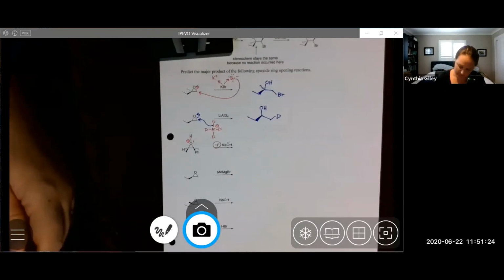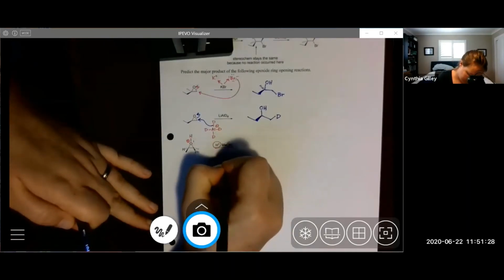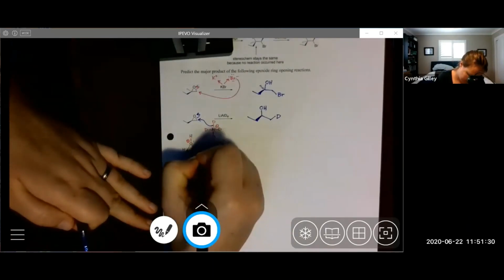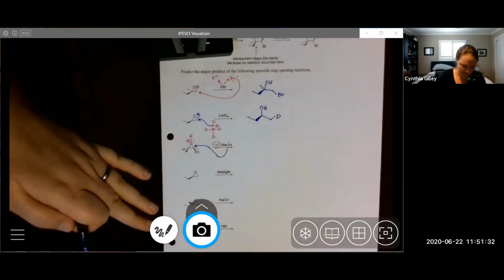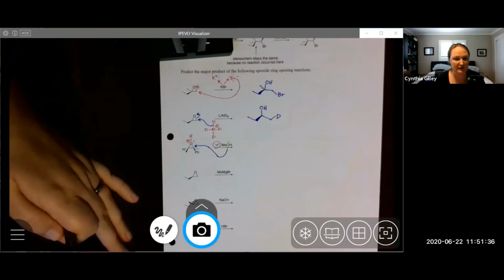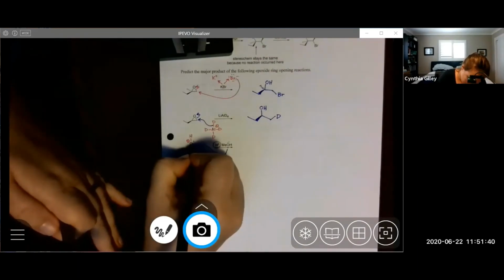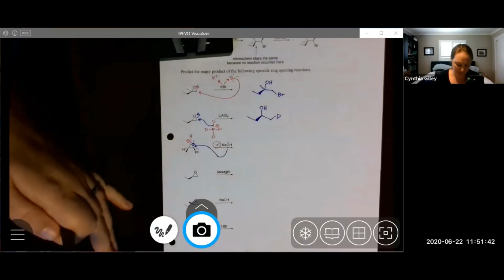That's where we want to go under acidic conditions. We're going to do nucleophilic attack. It doesn't really matter if you come in from here or the other side. You're going to do inversion there. As long as you know that, then you're good to go. Loss of aluminum.